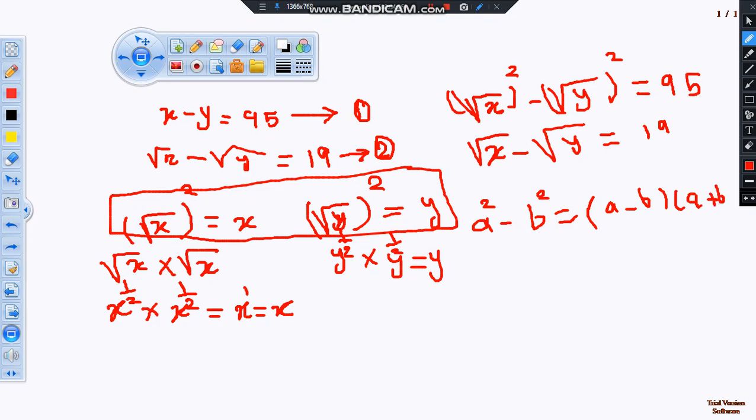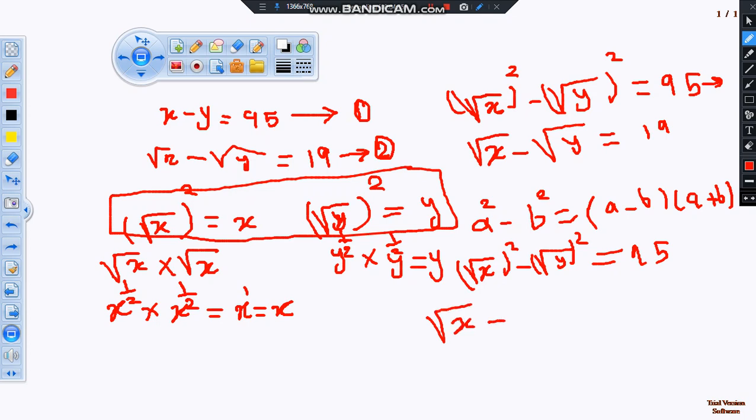Take the first equation and analyze it: it will be the perfect square, the square root of x minus the square root of y, times the square root of x plus the square root of y, equals 95. That's good. We already have the equation: the square root of x minus the square root of y is 19.